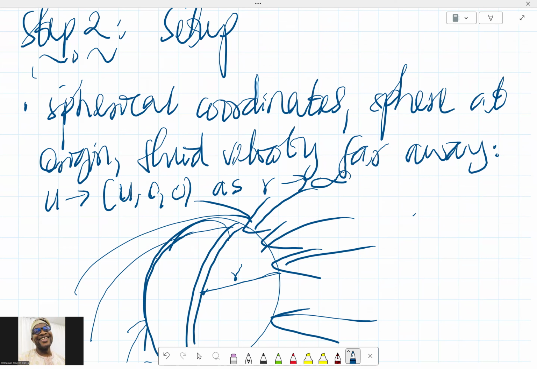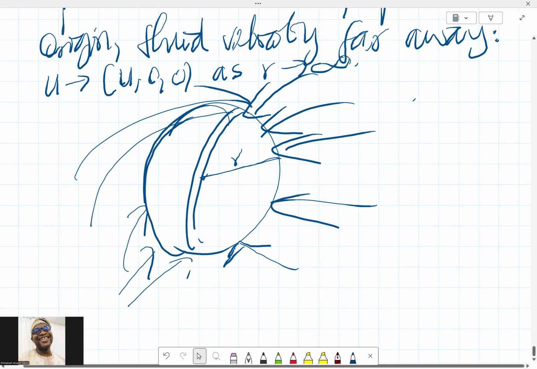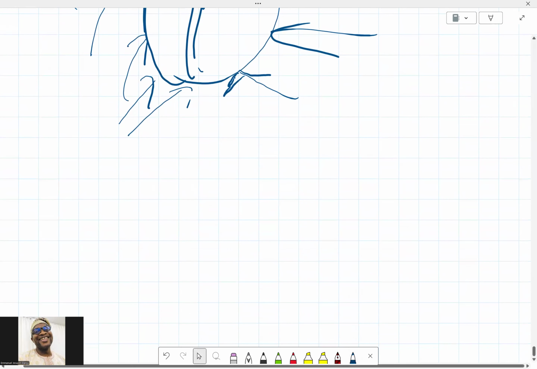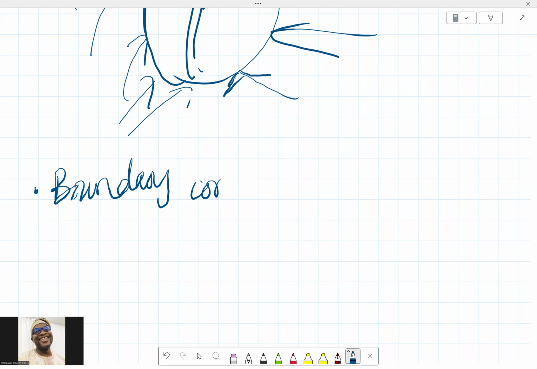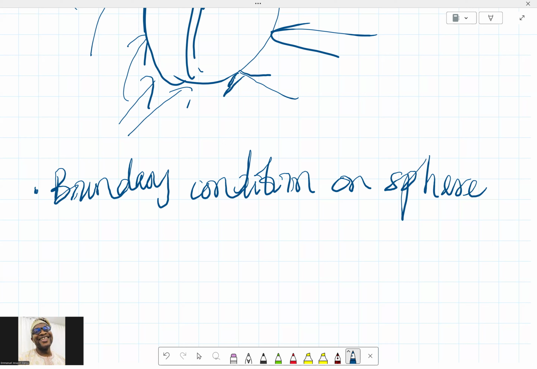Another thing is the boundary condition on the sphere: r equals a, such that u is equal to 0, no slip.